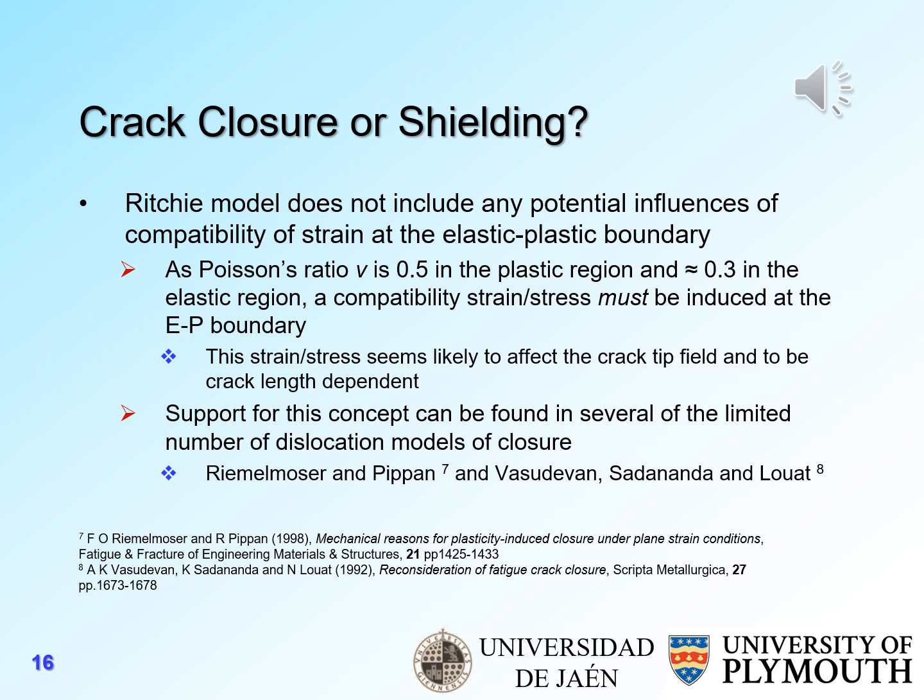It is clear, however, that as Poisson's ratio is 0.5 in the plastic region and of the order of 0.3 in the elastic region, a compatibility stress and strain has to be induced at the elastic plastic boundary, and it seems that this stress and strain is likely to affect the crack tip field and to be crack length dependent. And support for this concept can be found in several of the very limited number of dislocation models of closure, and the one I shall focus on in a moment is the one by Riemelmoser and Pippan.